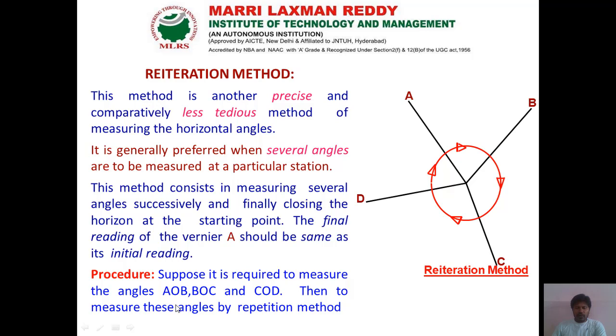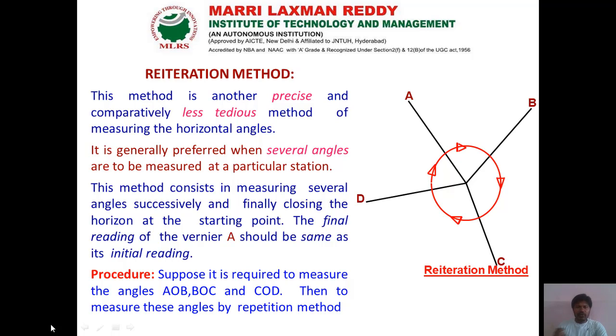For the successive readings, the starting point is taken as 0 degrees. At the end of the work we focus on the same point, that is the starting point, so that our work runs from 0 degrees to 360 degrees. This is the kind of check we do in the reiteration method.